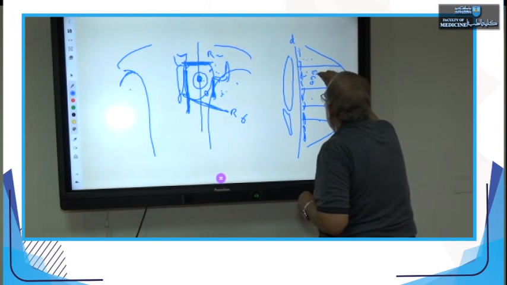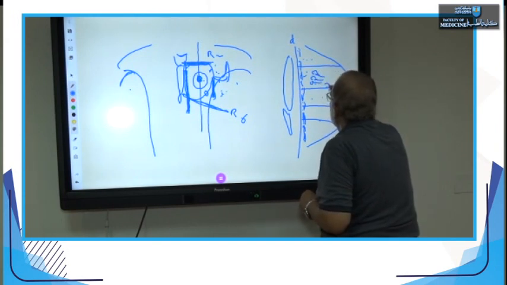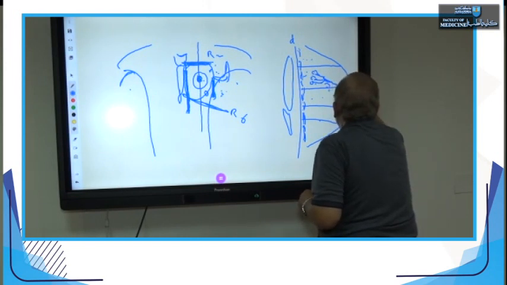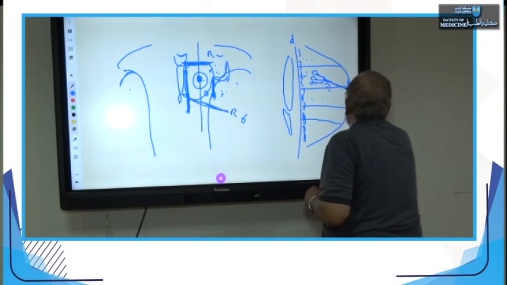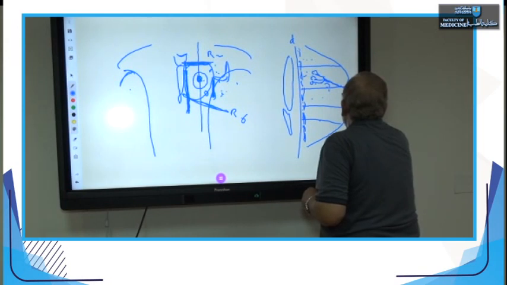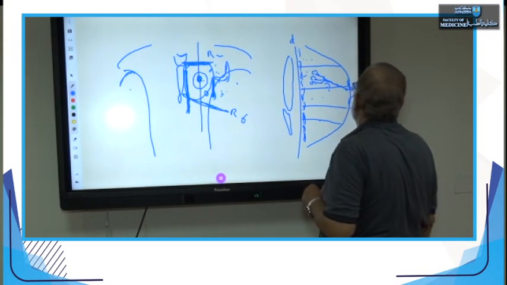These alveoli will secrete the milk into ducts, and the ducts will join together to form a lactiferous duct. The lactiferous duct will be directed to the nipple. And before opening into the nipple, it will have a dilatation. This dilatation is called the lactiferous sinus.